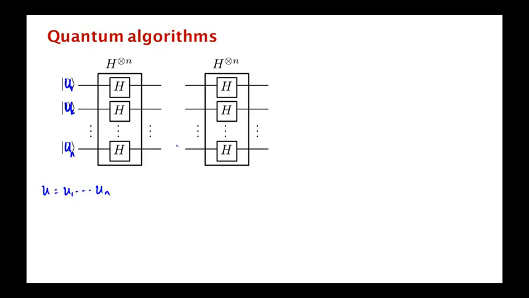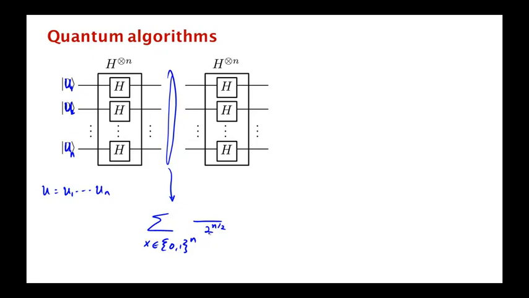So now, what does the superposition in the middle look like? Well, remember in the middle we are in a superposition over all n bit strings x, where each n bit string x has amplitude plus or minus 1 over 2 to the n over 2.